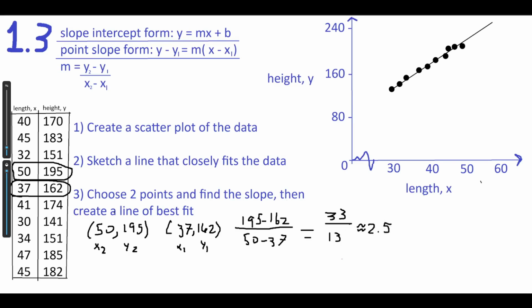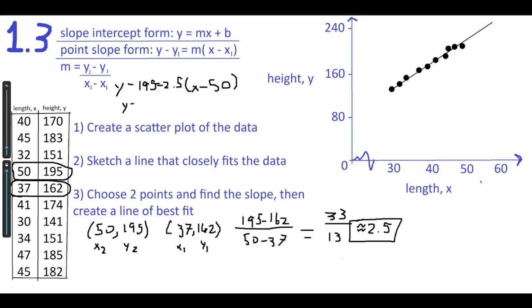And it says, then create a line of best fit. So we don't have exact points here, but we have our m here. So then we could use point slope form, and we could go, let's just use 50 and 195. So then we could do y minus y1, which would be 195, equals 2.5 times x minus 50.